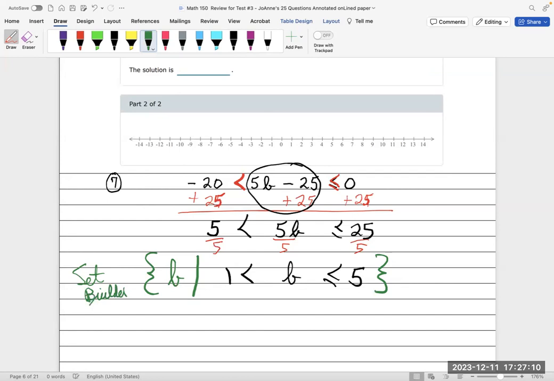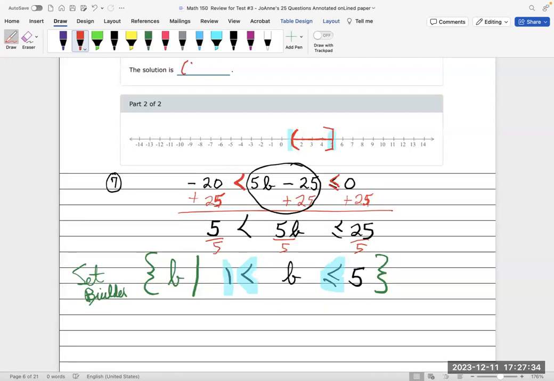And then the graph, I need less than or equal to 5. I need greater than 1. So all of my solutions will be here, but it will include 5 and it will not include 1. So this is what my graph will look like.